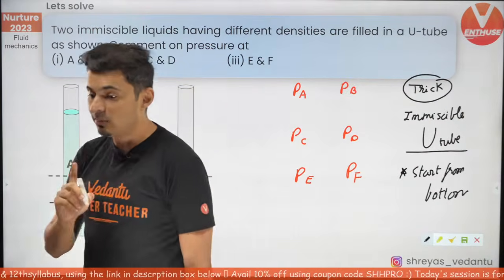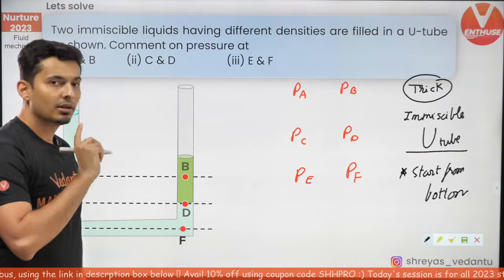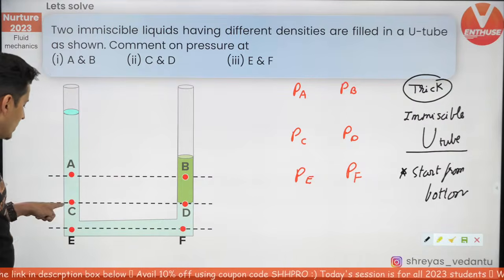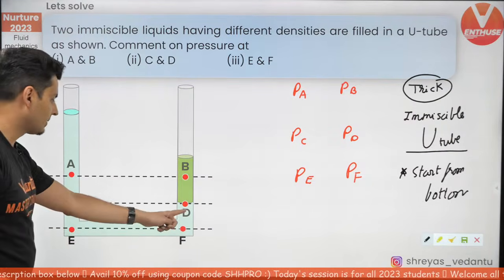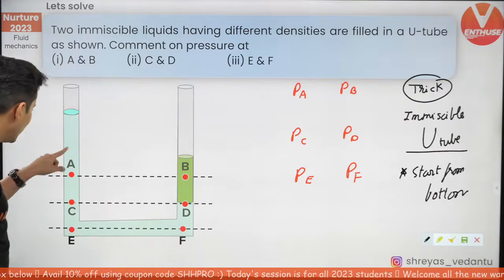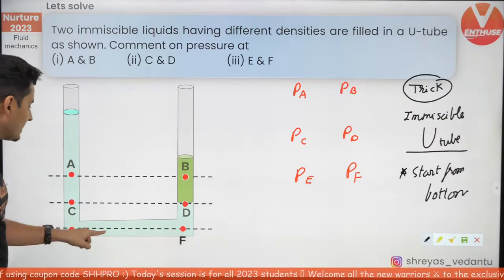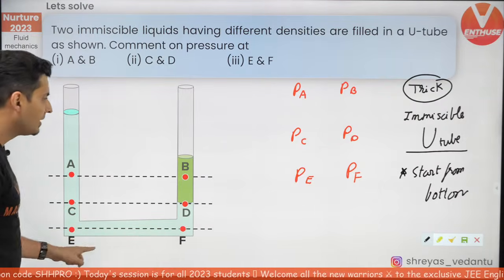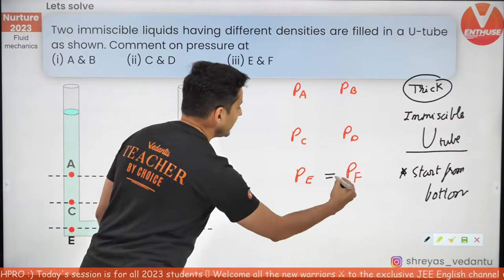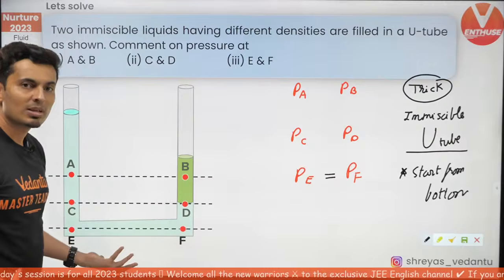Always start from the bottom. Very, very important, because when you start from the bottom, you generally will find the same liquid over here. Do you see the same liquid? This light greenish color liquid, and it's the same liquid, so the pressure should be the same. So E and F should definitely have the same pressure, obviously.